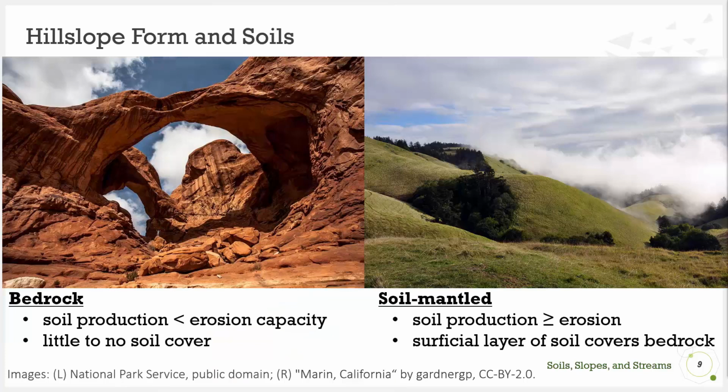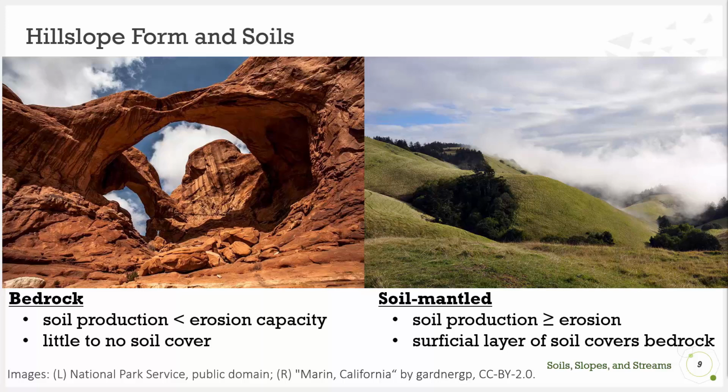When thinking about whether a landscape has soil at the surface or not, we have to consider the rate of soil erosion and the rate of soil production or weathering. Check out these two landscapes. The balance of weathering, soil production, and erosion controls what we see at the surface. Bedrock is in the left, and soil as we see on the hills to the right.